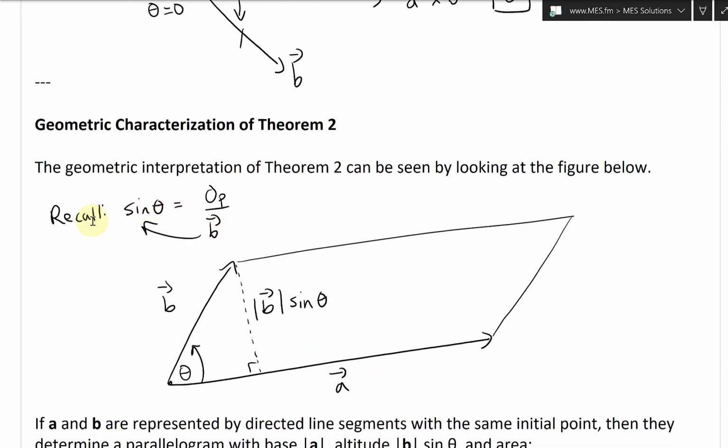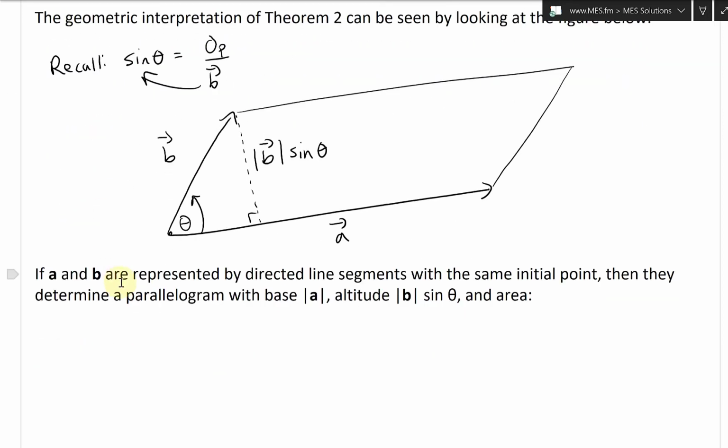All right, here I just move things over. So if vectors A and B are represented by directed line segments with the same initial point, as I just drew here, then they determine a parallelogram with base the length of this vector A, and altitude, or height, of the length of B times sine theta.